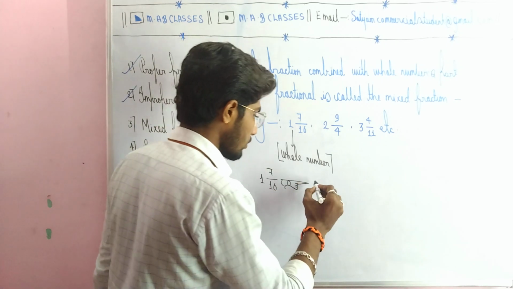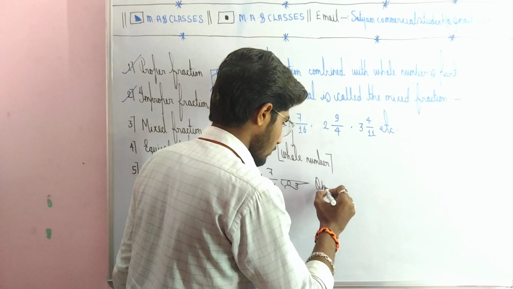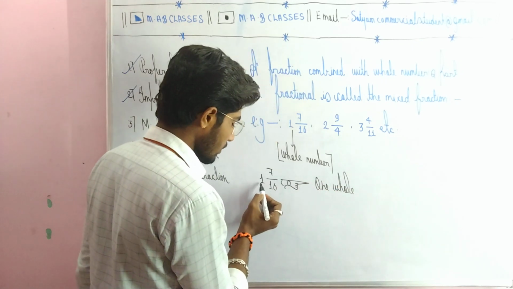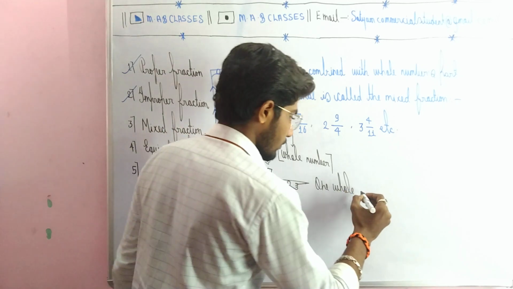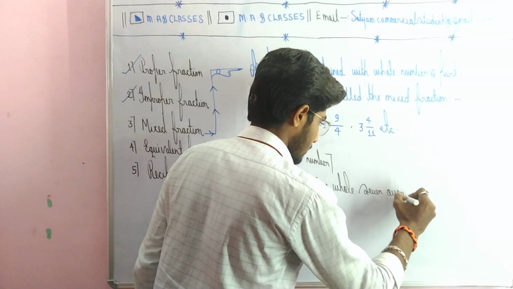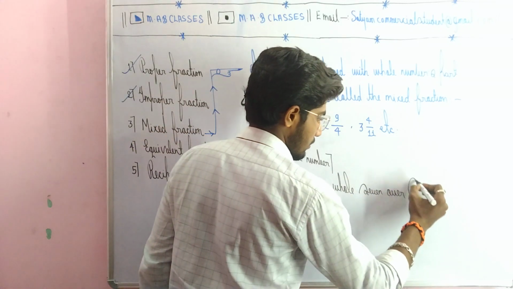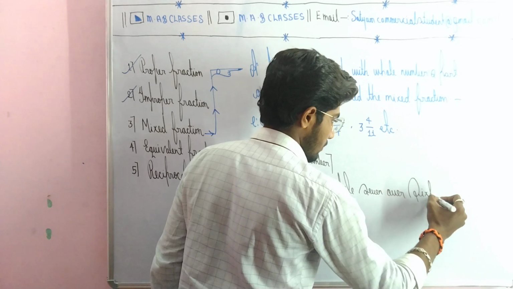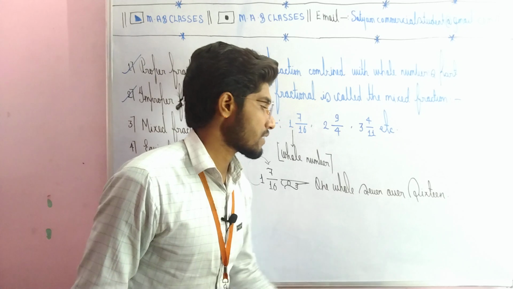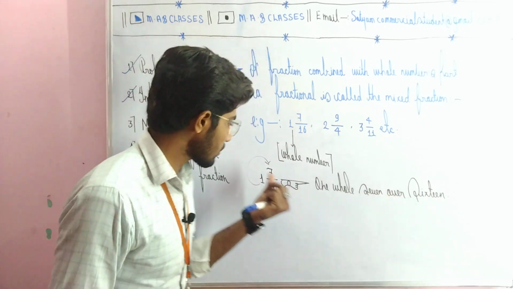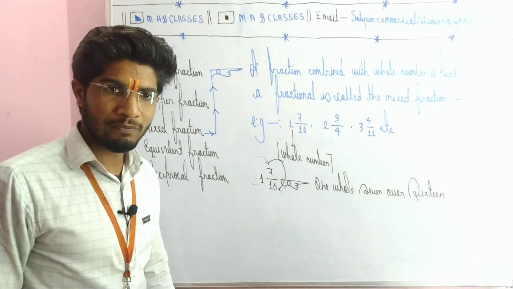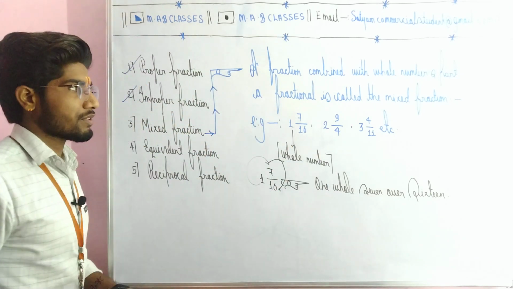You can easily say 1 whole, then 7 over 16. So it is 1 whole 7 over 16. Very simple. Understood? 1 whole 7 over 16. First you start from 1 whole, then 7 over 16. Simple. Okay, so note this down.